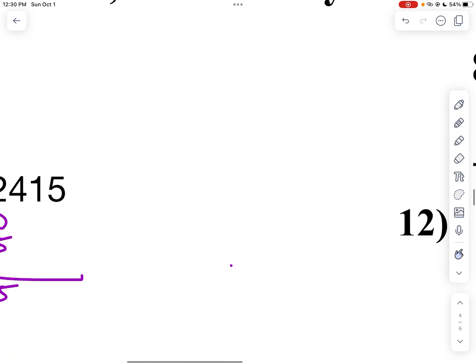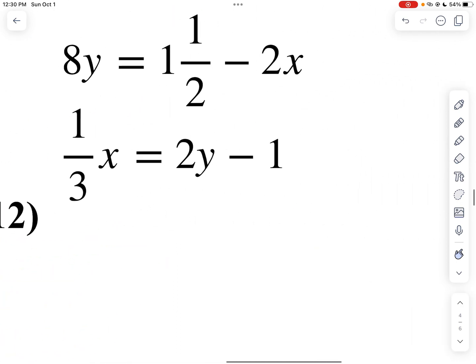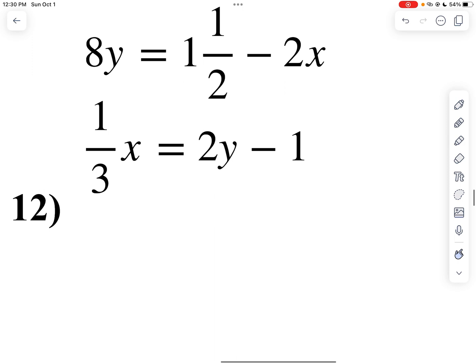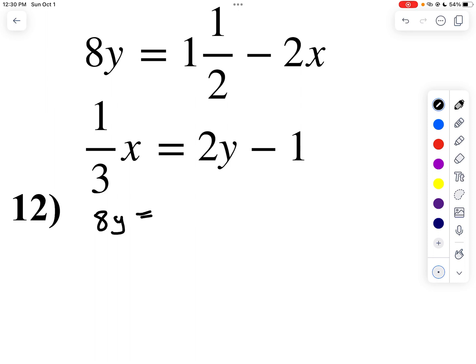Now let's take a look at problem number 12. We got fractions galore on here. So first off, let's rewrite the first equation so it just has fractions, not mixed numbers. So 8y equals 3 halves minus 2x.